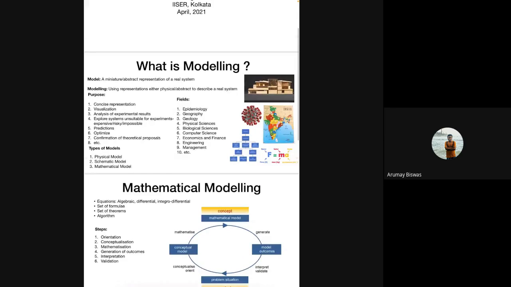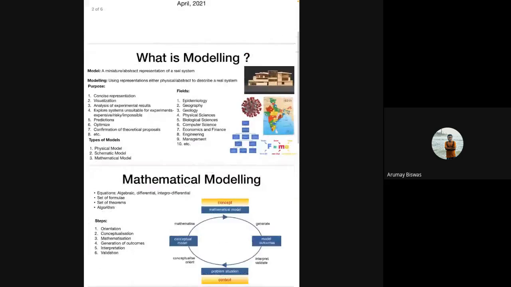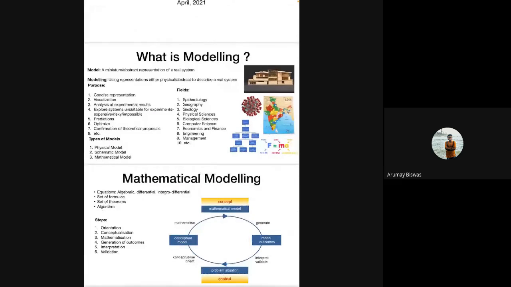So let's start with a very general overview. If I want to define modeling, what is modeling? A model is basically a miniature or abstract representation of a real system. As you see, this is a very, very general definition. Any representation that you do of a real system is a model.